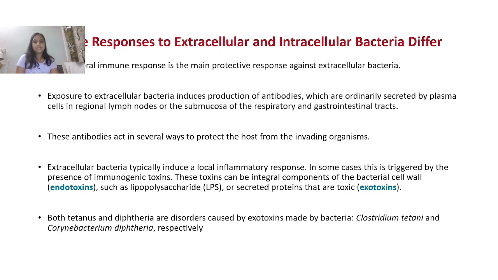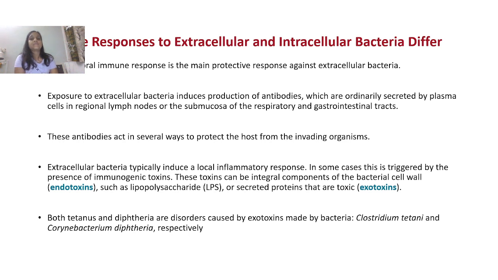So, as I showed, there are two types, extracellular as well as intracellular bacteria. For extracellular bacteria, the humoral immune response is the main protective response against these bacteria. Whenever our host is exposed to these extracellular bacteria, it induces the production of antibodies, which are secreted by plasma cells in regional lymph nodes of the submucosa of the respiratory or gastrointestinal tracts.